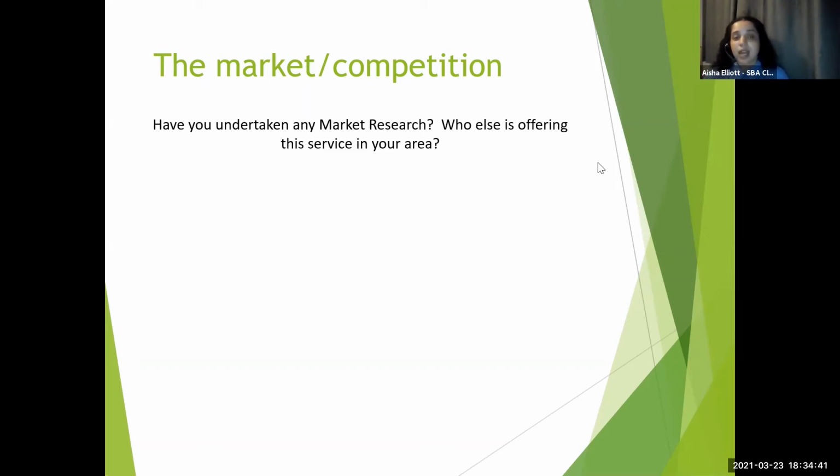Try to find out how many customers they have and how much money they have made, so what was their turnover or their profit in the last tax year. If they are a limited company, you will most likely be able to find this information on Companies House. Look at how they perform and what you do that is different. What is your unique selling point?